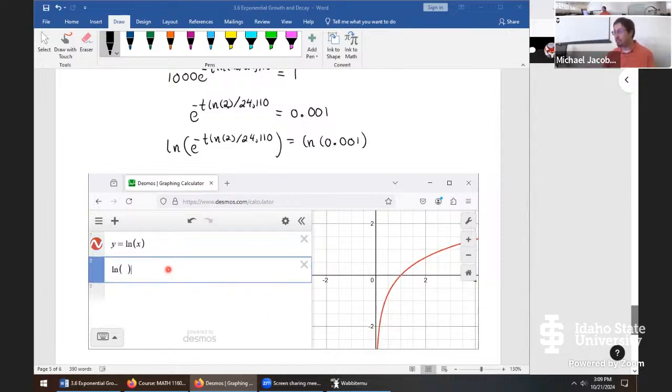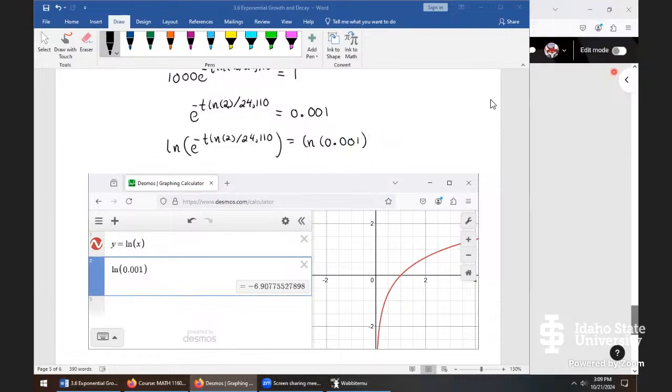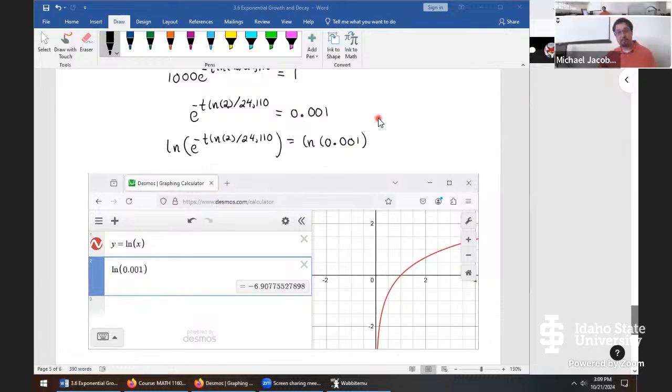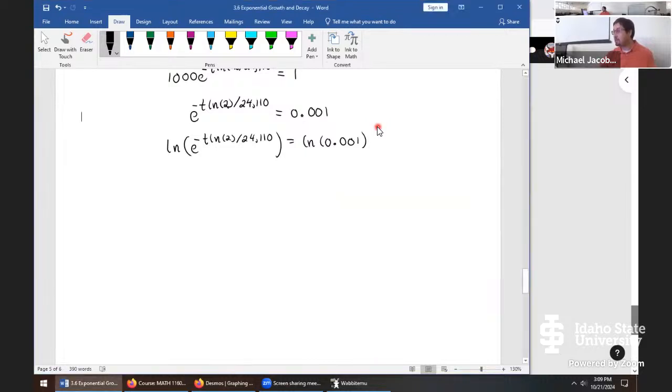So in other words, natural log 0.001 is truly a negative number. That can sometimes be kind of confusing in the middle of our steps. So we've got a cancellation going this way. It's now negative t natural log 2 divided by 24,110 is natural log 0.001.